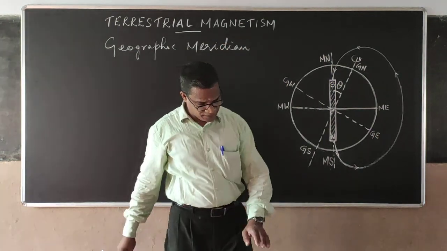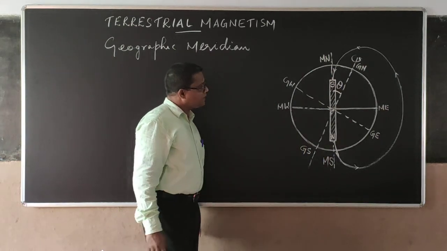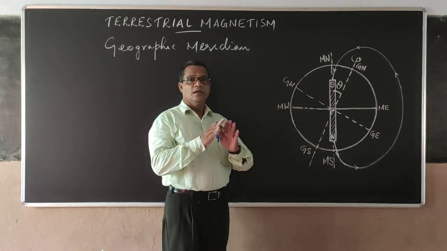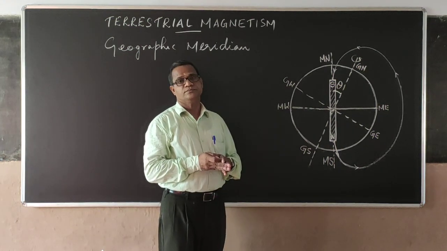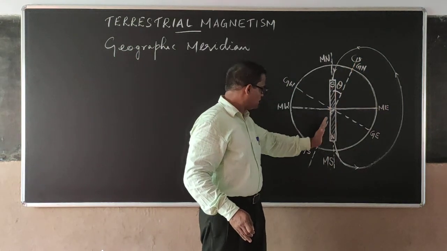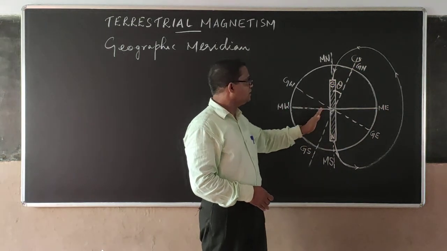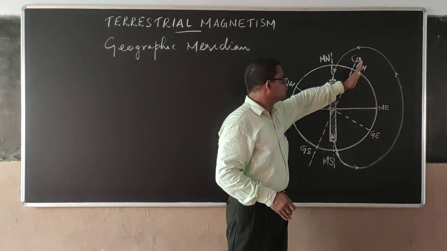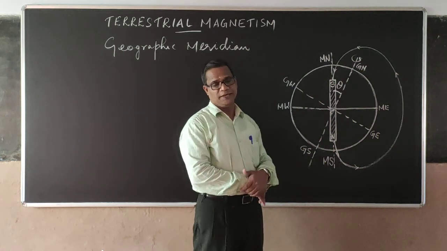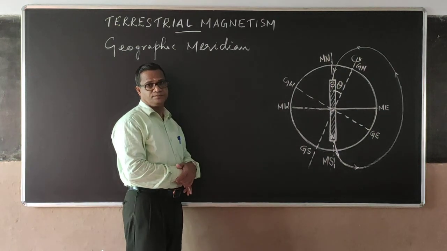What is the geographic meridian? The geographic meridian is a plane connecting geographic north and geographic south. It's a vertical plane. That's called the geographic meridian.